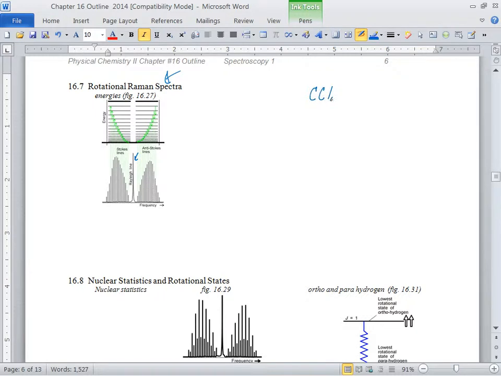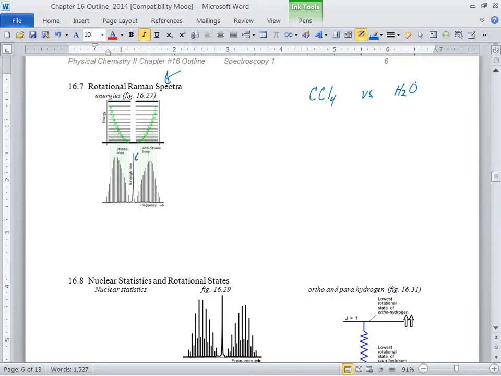Let's see if you're following me here. Carbon tetrachloride versus water. One of them is invisible to Raman spectroscopy. Which one's invisible? It's like injecting hydrogen onto the gas chromatograph with hydrogen as a mobile phase.